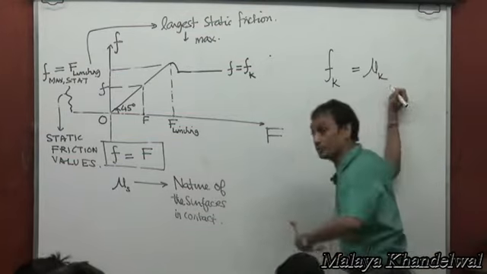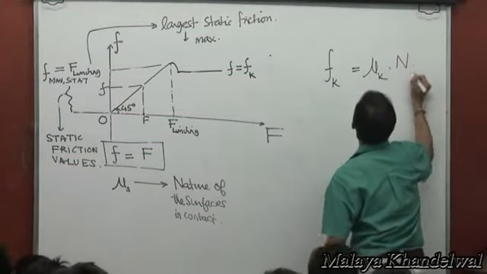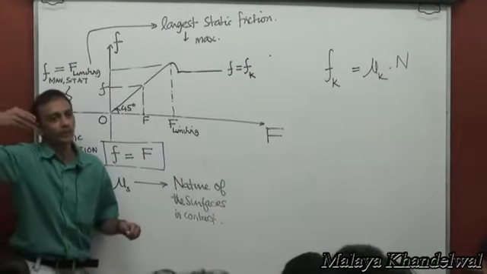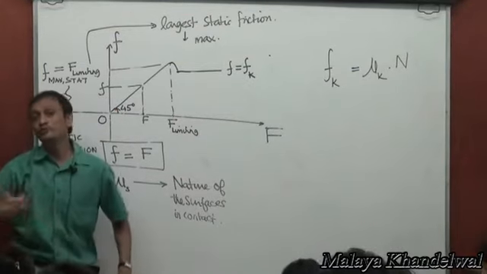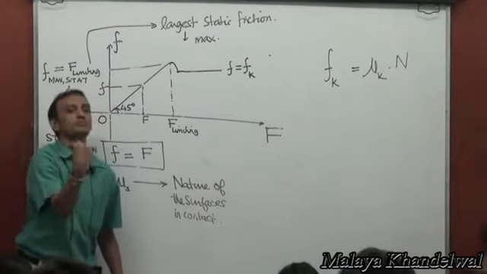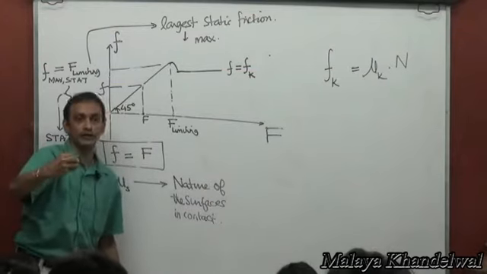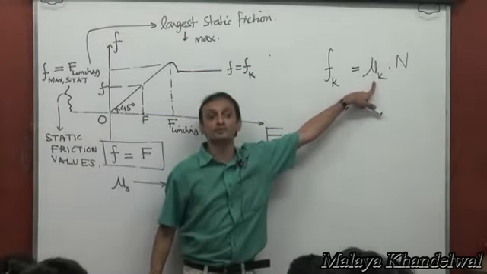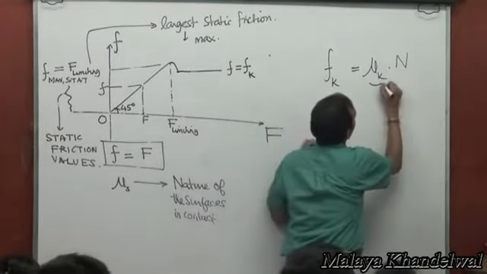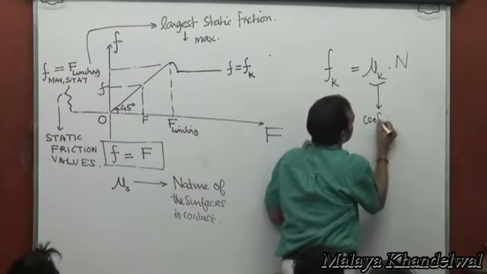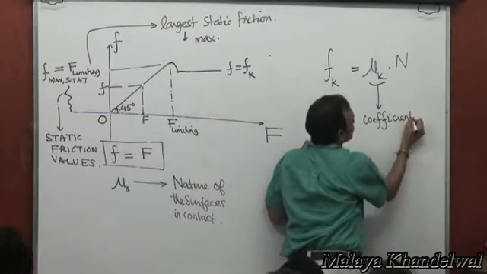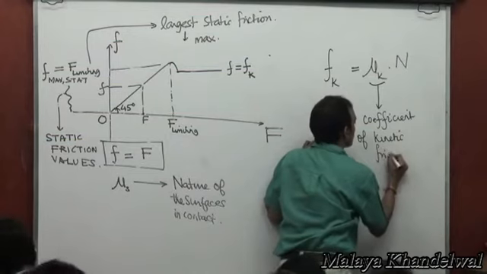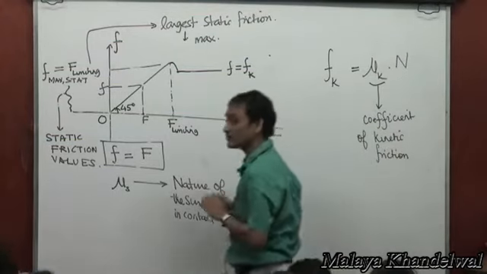Instead of mu s, it's called mu k into n, where n would be computed based on all of the forces acting on the body and the state of the body, where mu k would be a fundamental property of the nature of the surfaces in contact. It would depend again on the extent of undulations and is experimentally computed. This mu k is called the coefficient of kinetic friction.